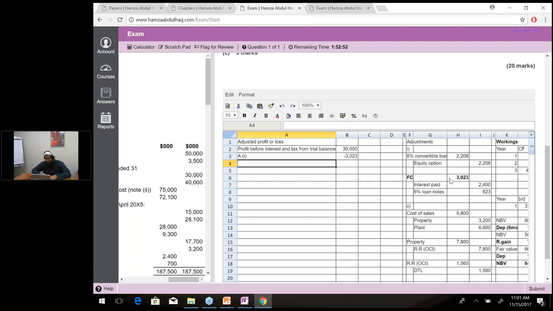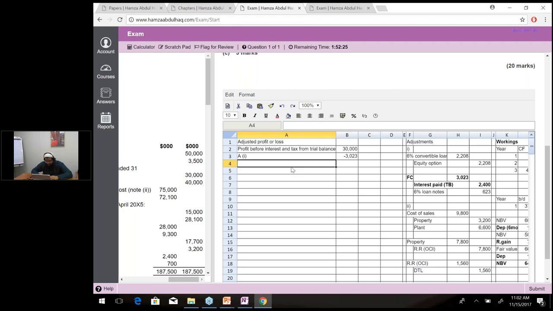So adjustment number 1 has been incorporated. I have made it bold so that I remember what impacts have been included and what impacts have not been included. Any value that has been used from the trial balance will not be incorporated anywhere, because it is an account which has been created by the question and we have eliminated it.